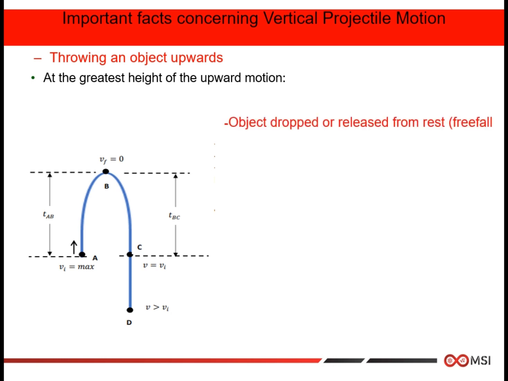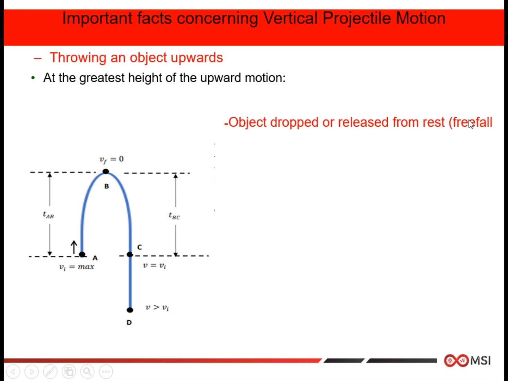is when the object is dropped or released from rest, and this is usually known as free fall. Free fall is understood as the unhindered movement of an object in the gravitational field of the earth when only the gravitational force is acting on it.